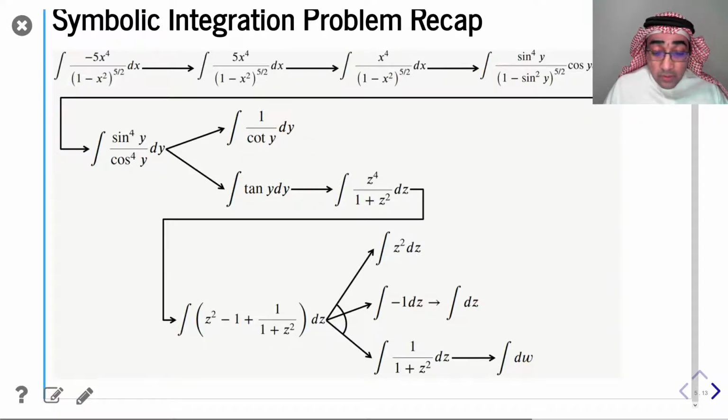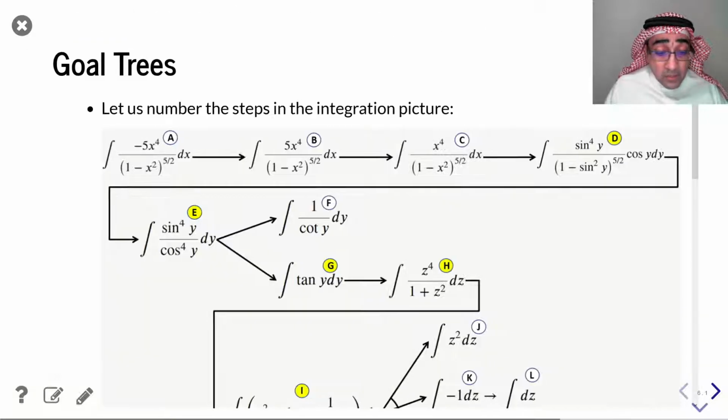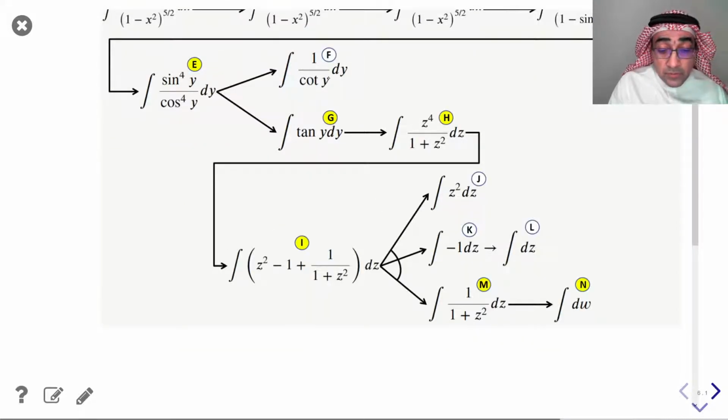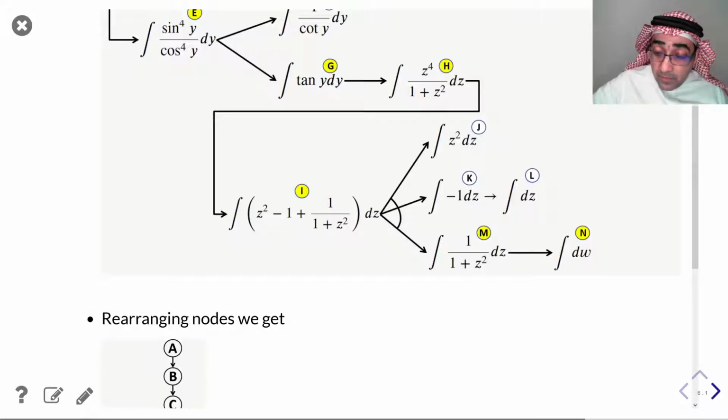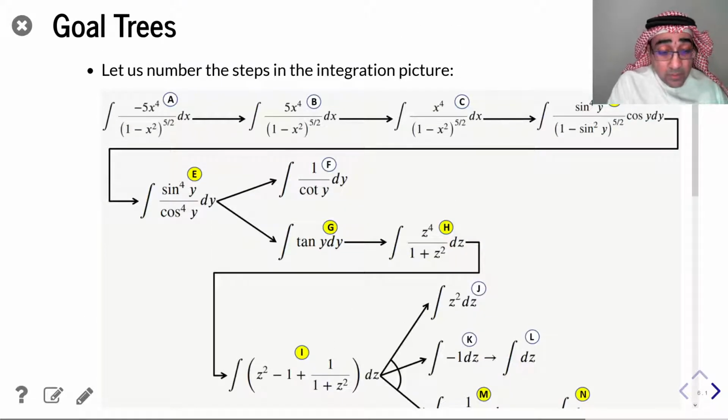Now, what I am going to do over here is label these. If I label this state A, this state B, this state C, and this D, going on, I label all of them with alphabets. Now you can see that I can transfer this problem into my tree.